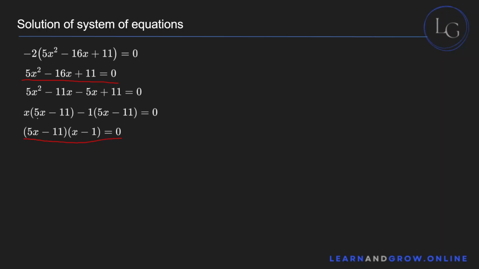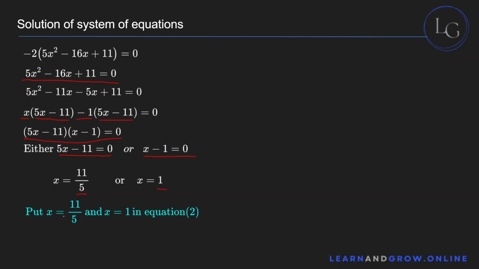Obviously, over here, this 5x minus 11 and this 5x minus 11 will become one factor, and x minus 1 will become the other factor. Now, either 5x minus 11 is equal to 0 or x minus 1 is equal to 0, or both of them are 0. Basically, you'll equate both of these factors to 0, and now you'll find two values for x, 11 over 5 and 1.